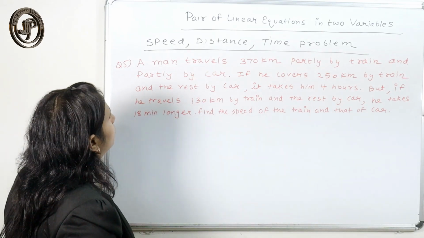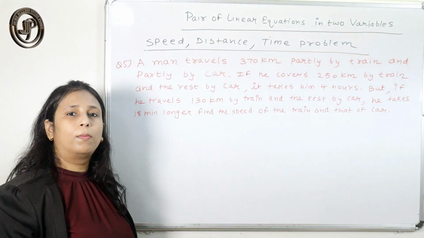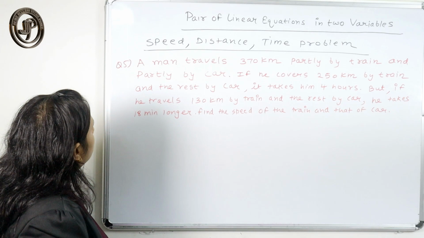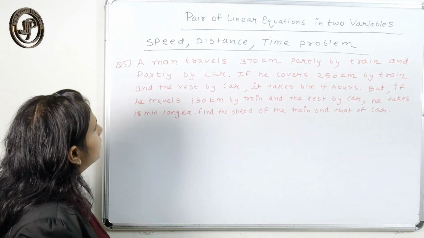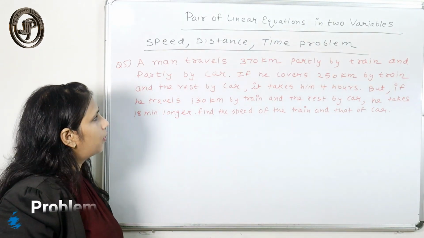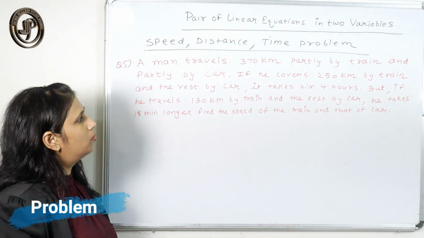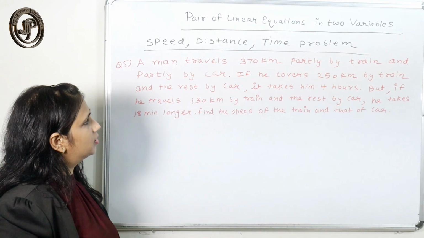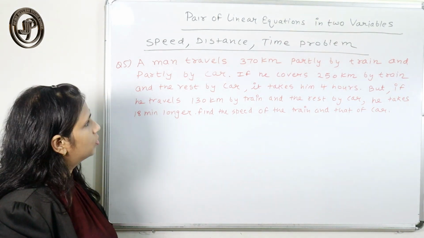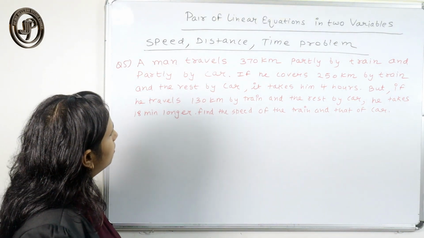So here is another speed, distance, time problem with different wording. It says a man travels 370 kilometers partly by train and partly by car. If he covers 250 kilometers by train and the rest by car, it takes him 4 hours. So what did they say?